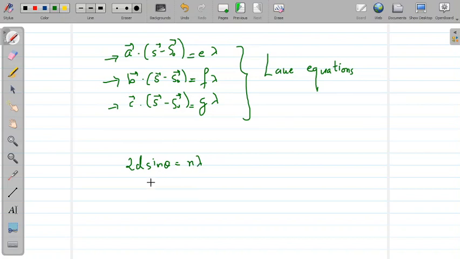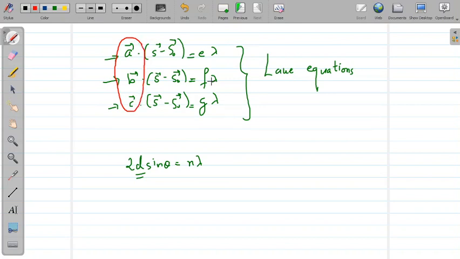So the only parameter that we will get from Bragg's law is d, which is the interplanar spacing. So you can only know about the interplanar spacing in a crystal from Bragg's equation. But when we come to the Laue equation, it is more specific, and the lattice parameters can be directly obtained from the Laue equation.